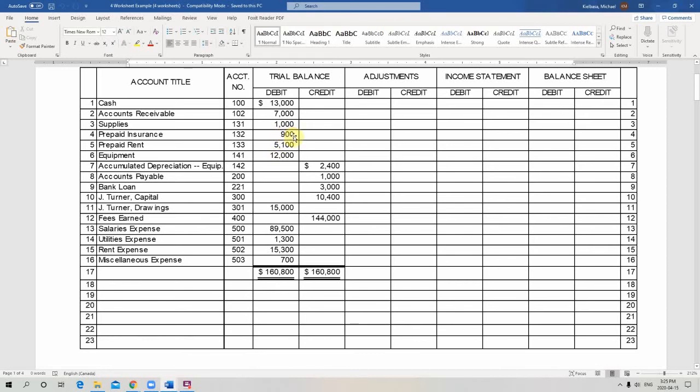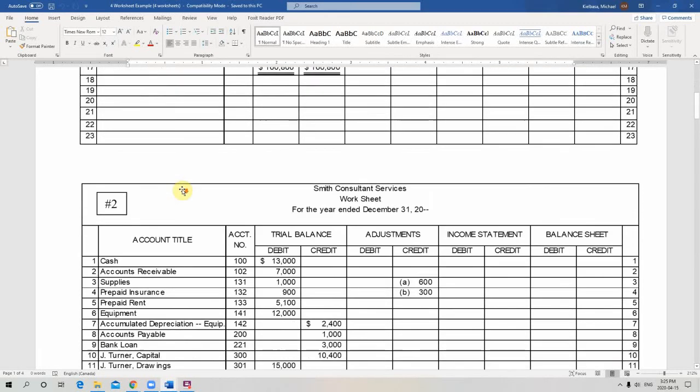Now it's December 31st, so one of those years was used up. 3 years cost $900, so 1 year must be worth $300. So $300 worth of the prepaid insurance was used up. Now what's debited and credited in a prepaid adjustment? Insurance expense is debited and prepaid insurance is credited.